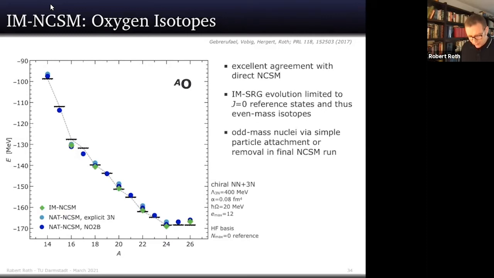And the best calculation really are those light blue symbols, because they are NCSM calculations with the explicit three-body force, no approximation regarding normal ordering also in the game. And you see that if you go from the light blue symbols to here, you have a slight overbinding. And this is due to the two instances where you kind of employ this normal order two-body approximation.